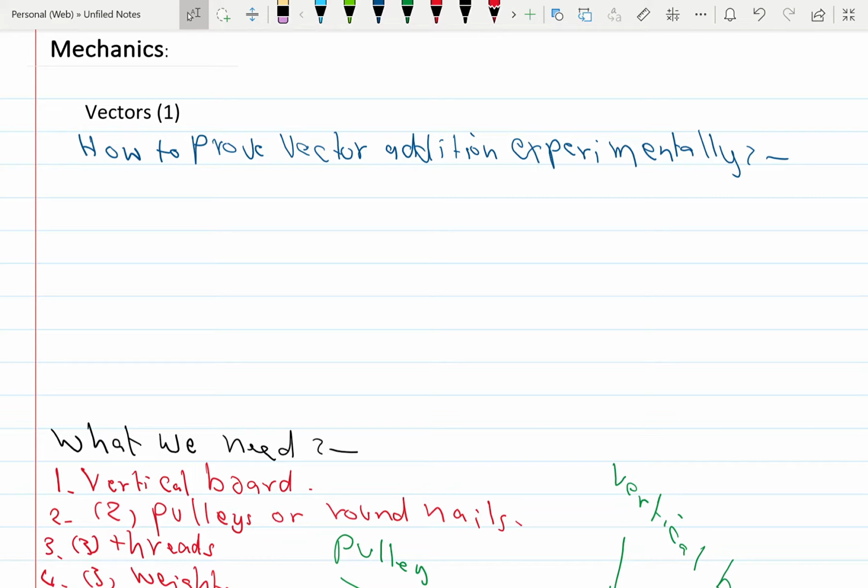So in engineering and science, we divide the quantities into two main groups, whether scalar quantities or vector quantities.